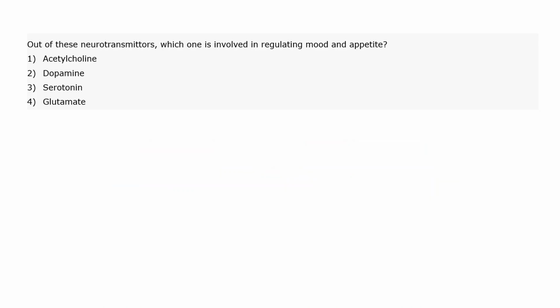So coming on to the next question. Out of these neurotransmitters, which one is involved in regulating mood and appetite? Acetylcholine, dopamine, serotonin, or glutamine? Which of these neurotransmitters is involved in regulating mood and appetite?